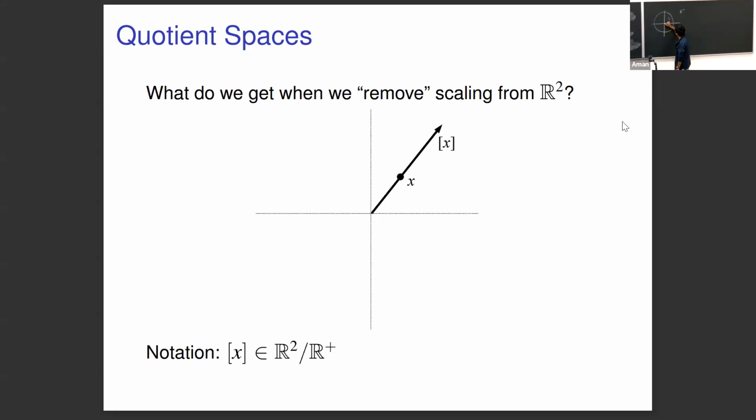If we define the equivalence class of X to be a vector that joins X to the origin, this is what the equivalence class of X will be, right? And by equivalence class, I mean that every point on this line segment should have the same representation in your space. Irrespective of where you are on this line, it should have the same representation, which is the equivalence class, because we are considering all of these points to be equivalent to each other, right?